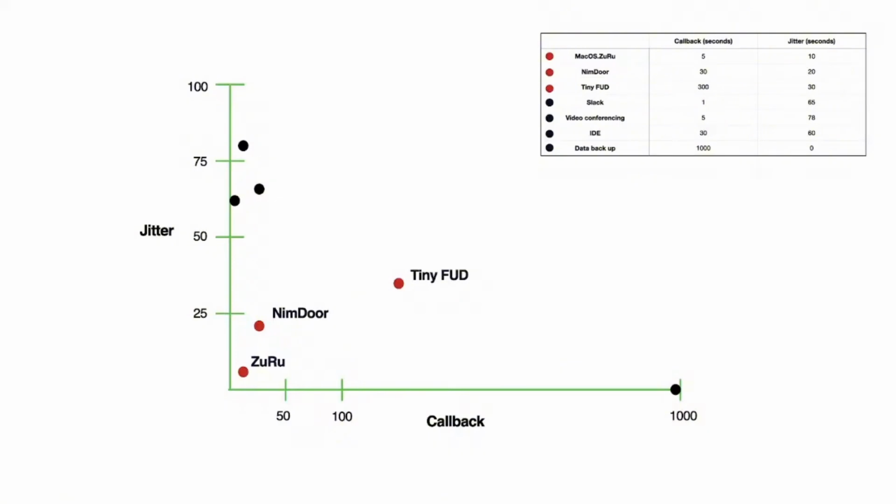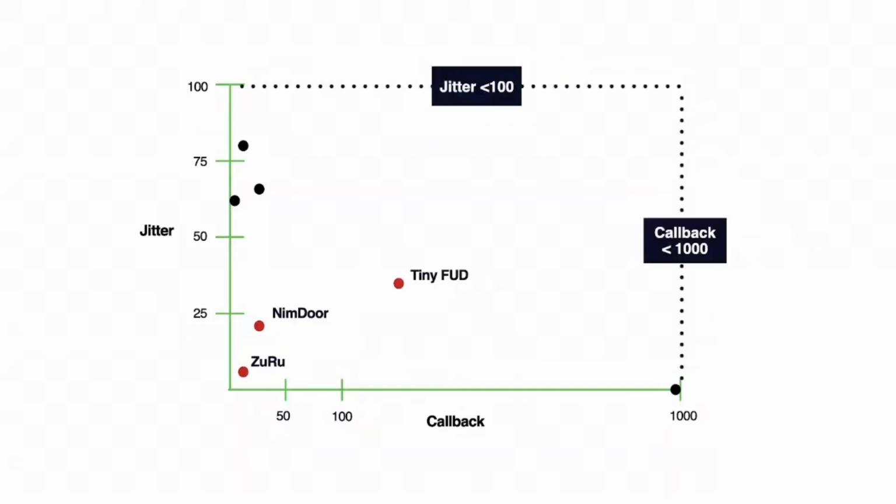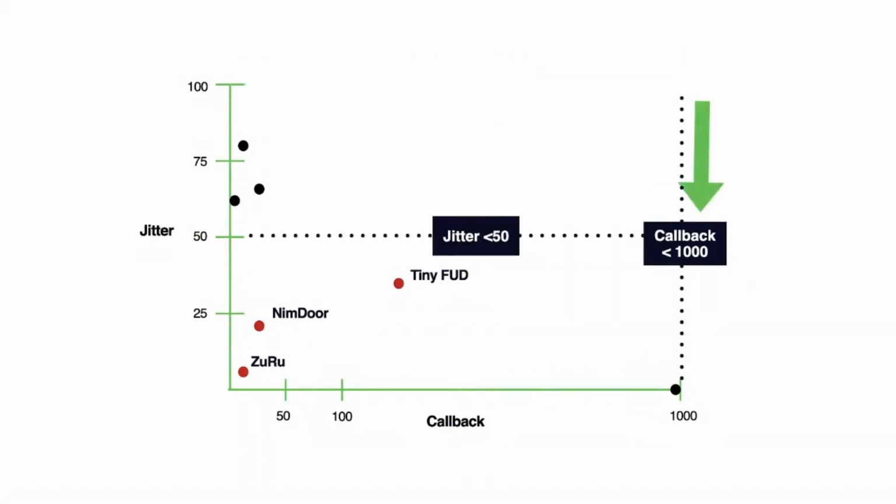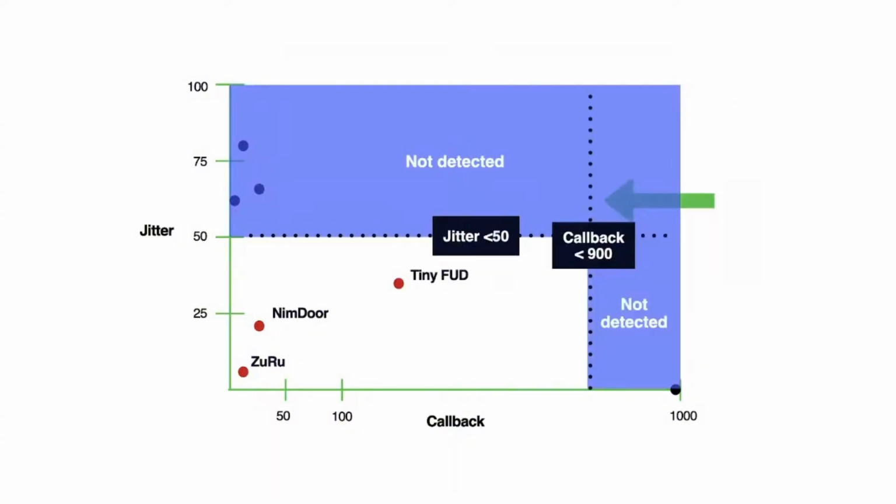So that means in practice that you try to find the highest boundaries that you can take. But if you take the max of these data points, you're going to end up detecting everything. So that's not something you can realistically do. So you're going to have to iterate, starting with the jitter, followed by the callback. So we would end up with something like this.